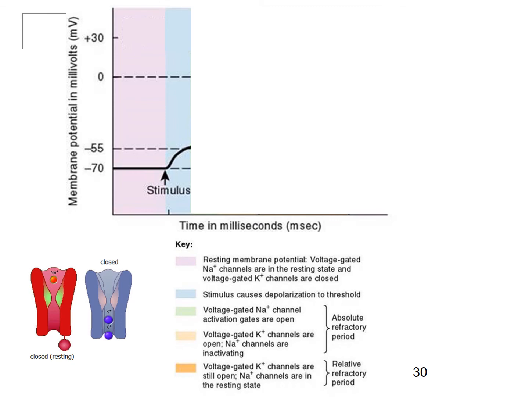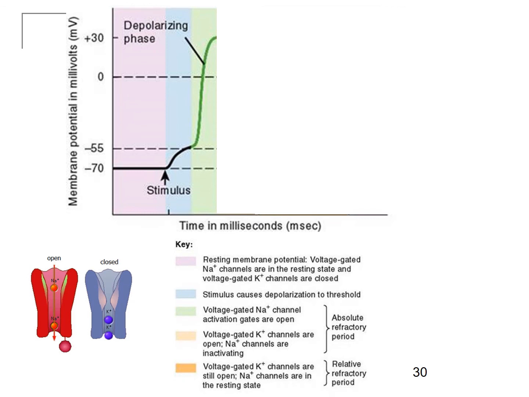So let's go into depolarization. Here's our depolarizing phase. Now look at what's happened to the sodium channel on the left. The sodium channel has now opened. It has its activation gates open. It has its inactivation gates open. It's all the way open. Sodium can pass through. Now this begins our absolute refractory period.